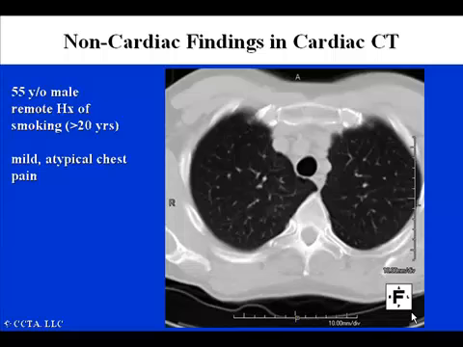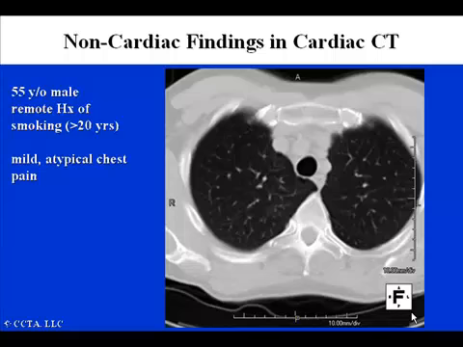Here is a cross-section at the base of the heart in this particular patient, but evaluating the entire cross-section of the chest. This is displayed in what is called lung windows, which sets the window and level settings such that we can visualize the pulmonary vessels to maximum benefit.